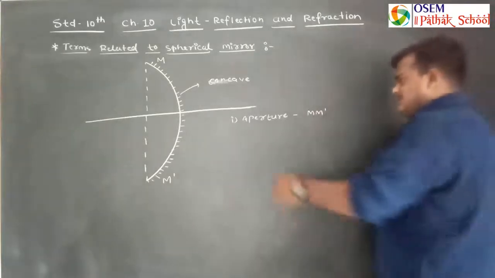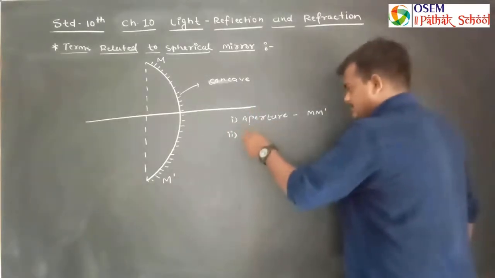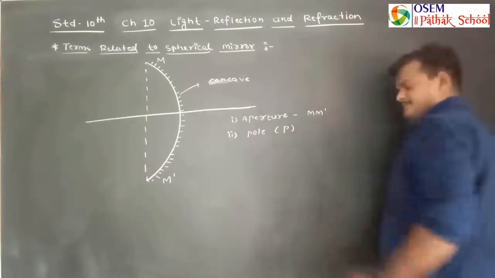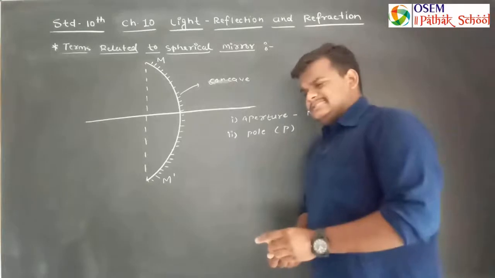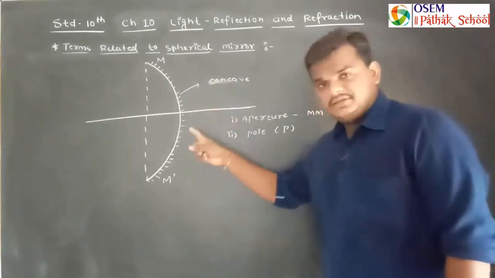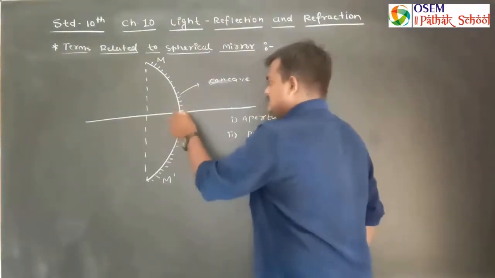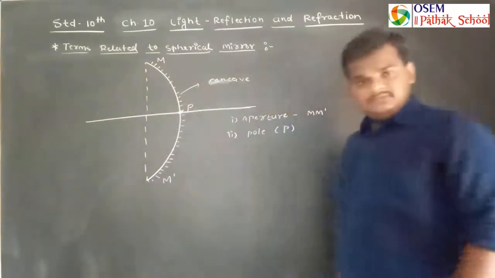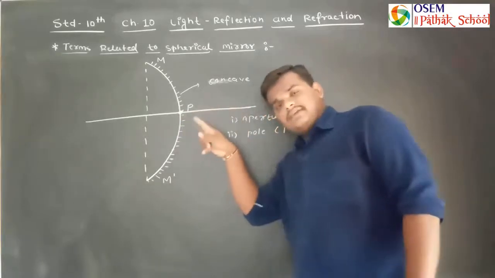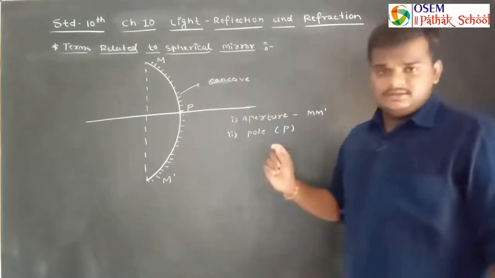Now the second definition is pole. Pole is denoted by capital P. So what is pole? The center point of this spherical mirror, or the midpoint of this spherical mirror, is known as the pole of the mirror.